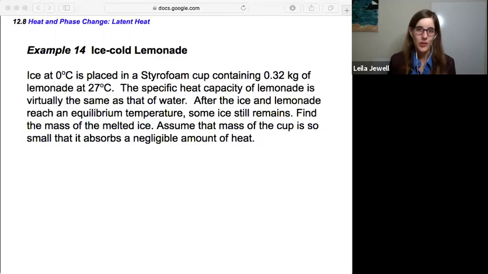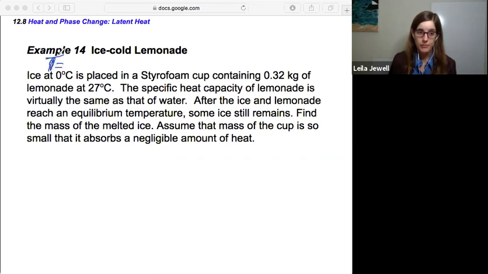All right, in looking at this problem, there are a lot of pieces of information packed into it. So let's see if we can untangle them in order to figure out how much ice has melted here. So first, they tell us that we have ice and they give us the temperature of the ice. Temperature of the ice is 0 degrees Celsius.